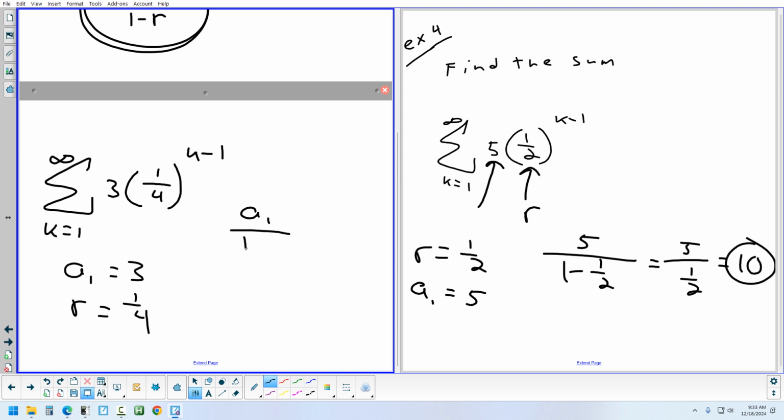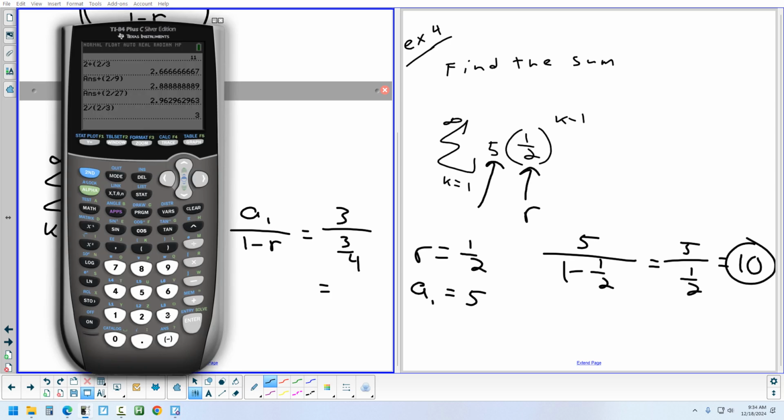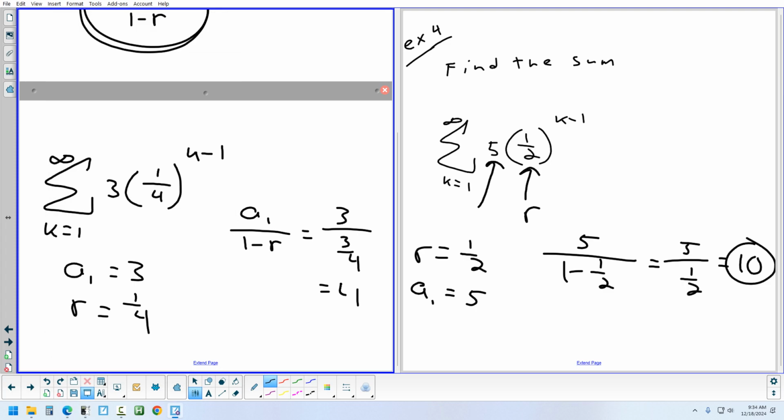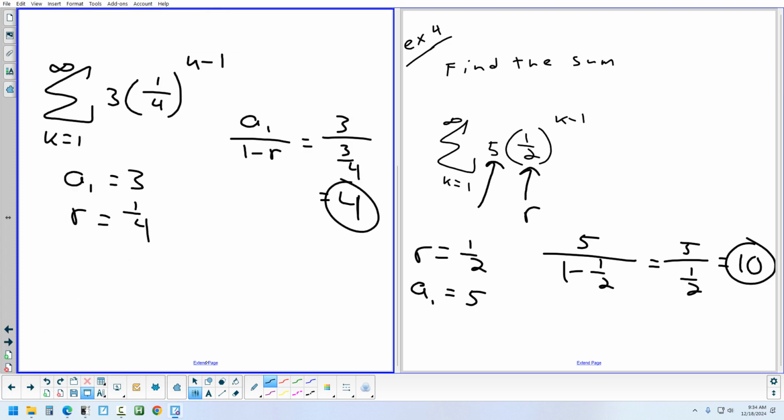A sub 1 over 1 minus r. So it's 3 divided by 1 minus a quarter. What's 1 minus a quarter? 3/4. Okay, so let's see what that comes out to. 3 divided by 3/4 is 4. So if you add up every number from 1 to infinity, it converges to 4.